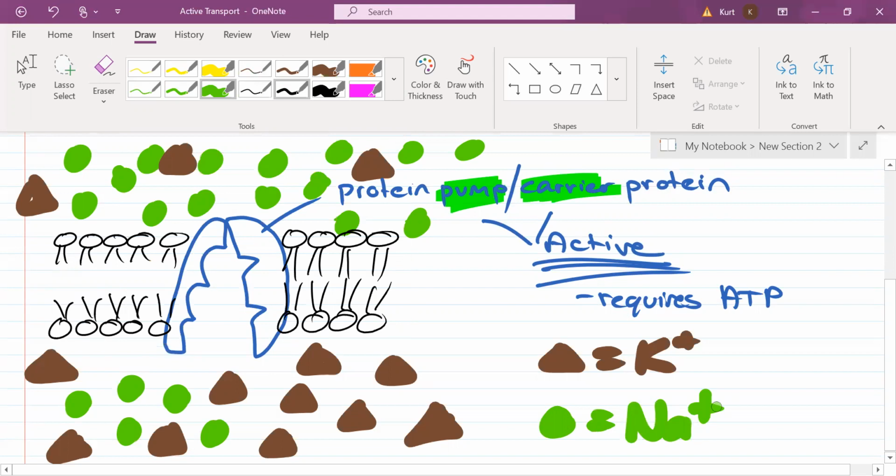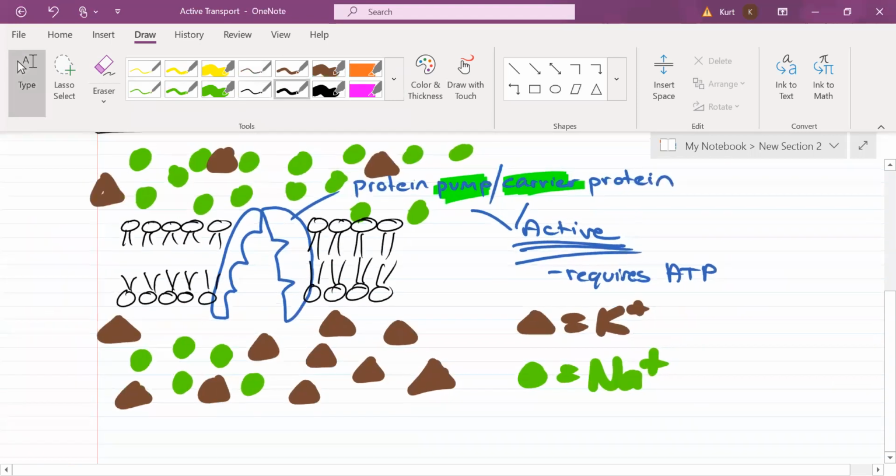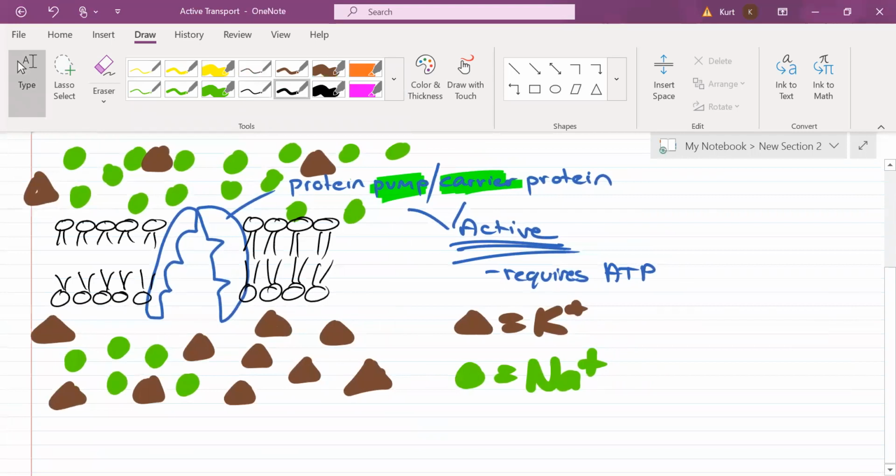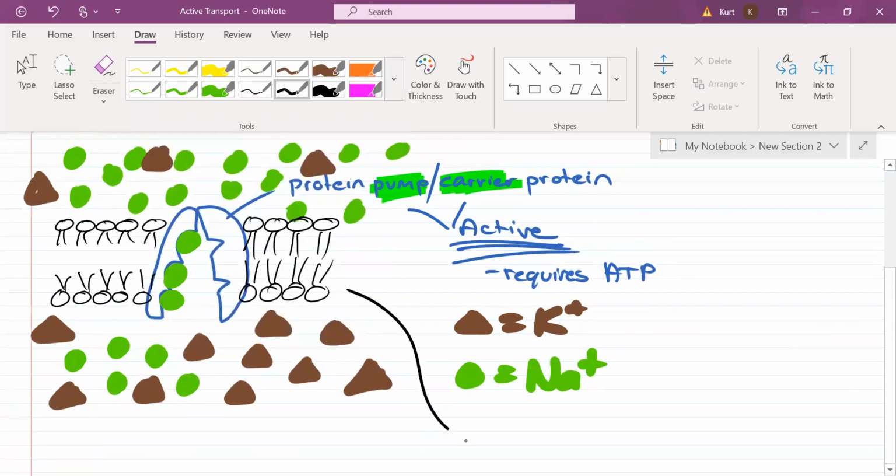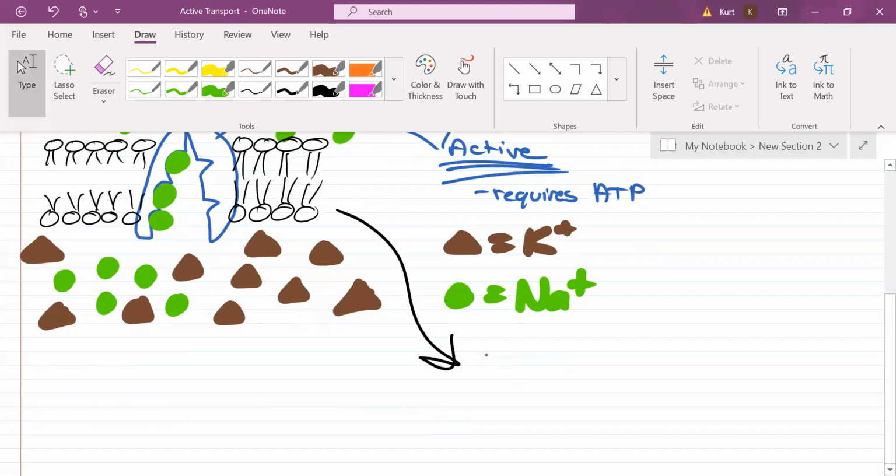All right. You will have 3 sodium ions at a time go into this carrier protein, this sodium-potassium pump. And next, I'm going to redraw it again. So try to do this fast.